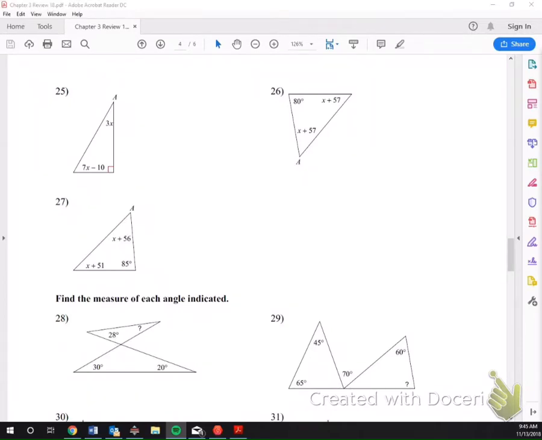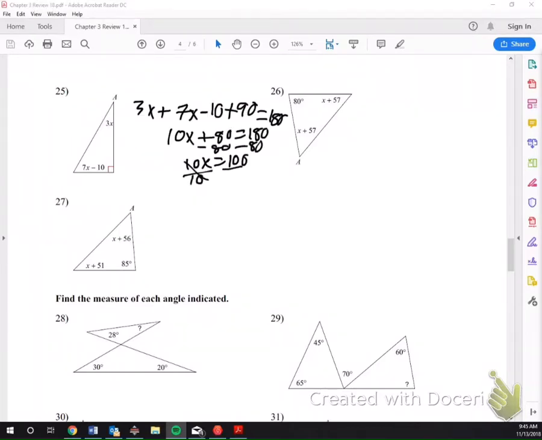Okay. 25, 26, 27, same thing. Add them up, set them equal to 180. Find x, so there x equals 10. Plug it in right there. 3 times 10 equals 30. Now if you want to check your work here, you want to plug in that 10 for the other angle, and you'd get 60.